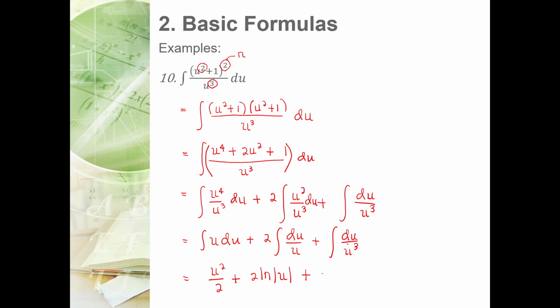So instead of plus, it becomes minus. So minus 1 all over 2u squared plus c. This is a shortcut, so be aware of the basics.